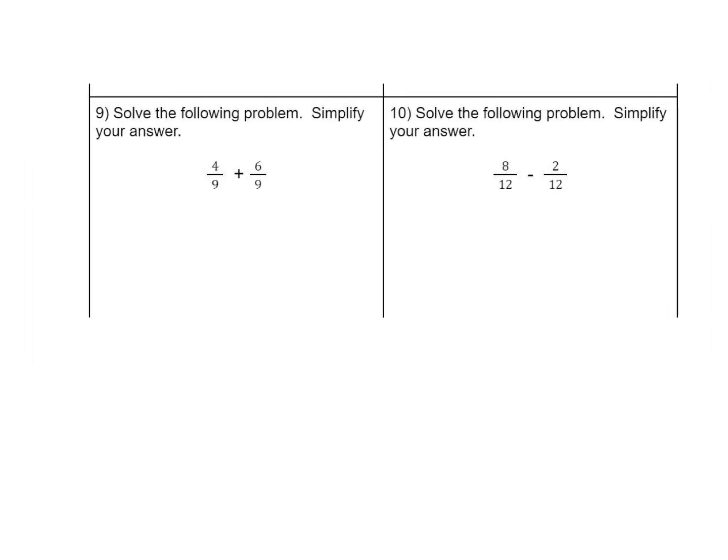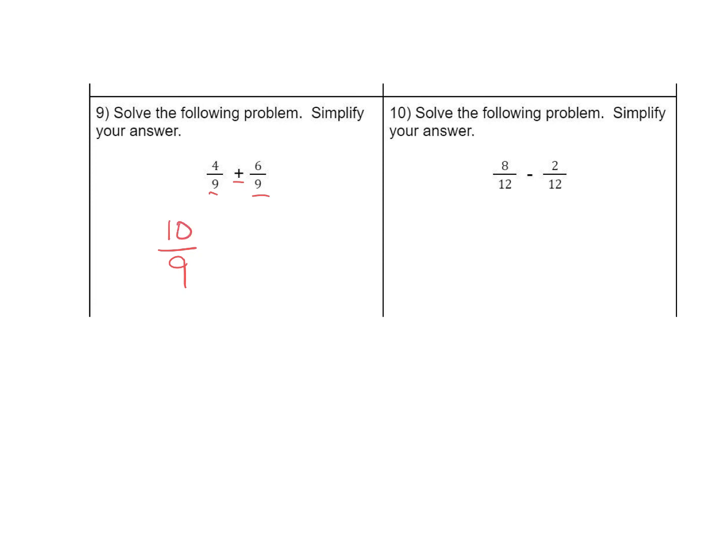Number 9, solve the following problem, simplify your answer. Again, we have the common denominators and we're adding, okay? So my denominator is going to stay the same. I'm going to add 4 plus 6, that's going to be 10, but whoa, y'all, we have an improper fraction.